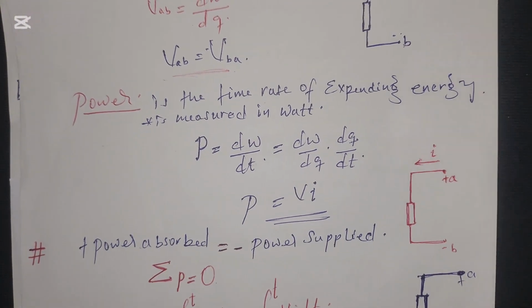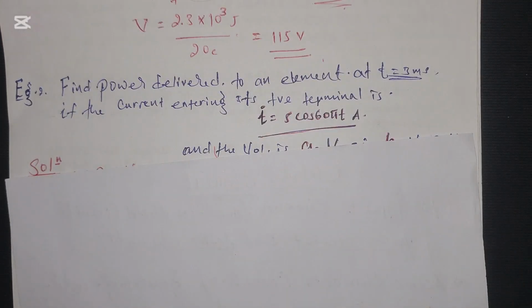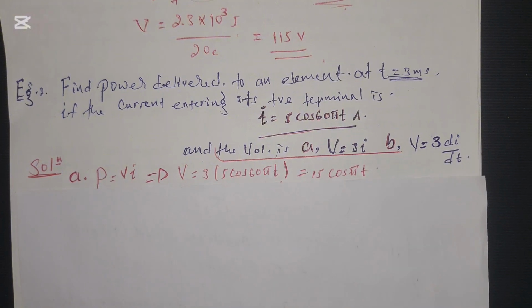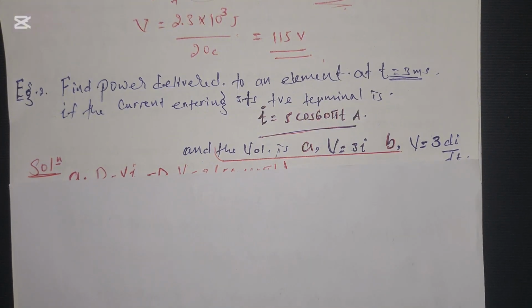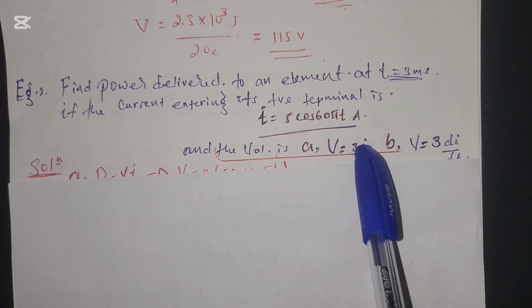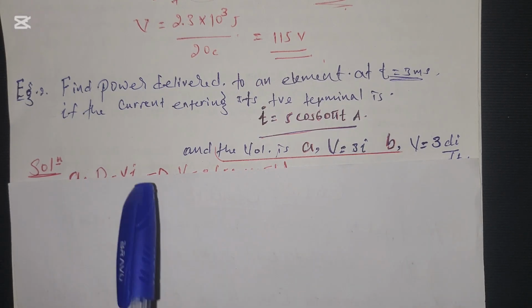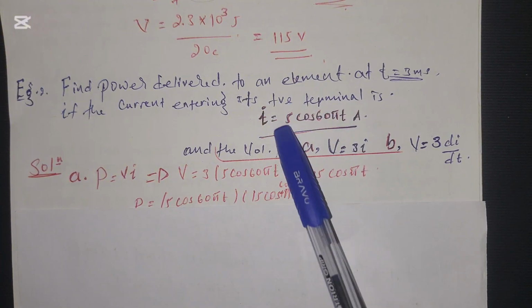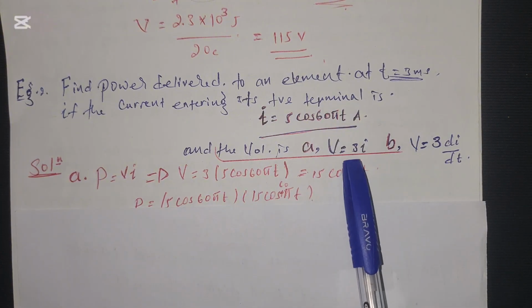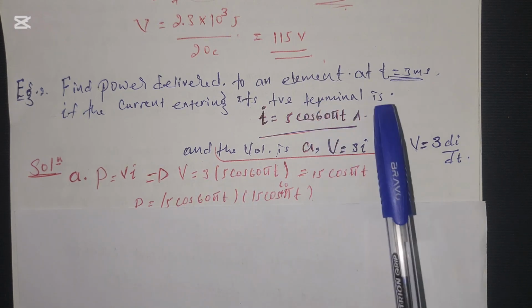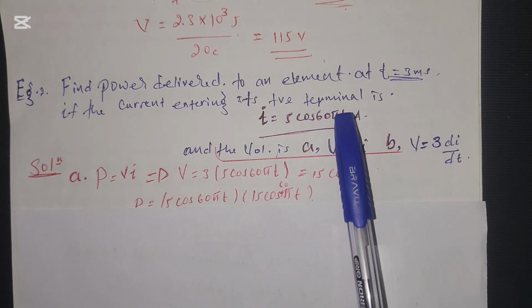Now to calculate the power, P is equal to V times I. For question A, V is equal to 3I, which is 3 times 5 cos 60 pi t.